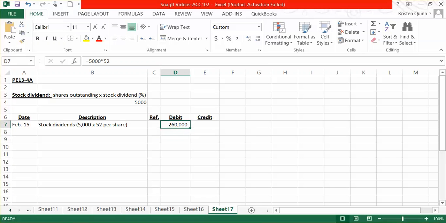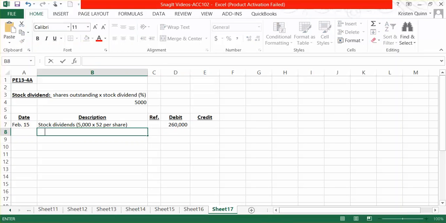We're doing that because that is what we as the company is sacrificing. Had we sold these 5,000 shares to new shareholders, we would have taken in $260,000. However, we are giving these free to our existing shareholders as a dividend.